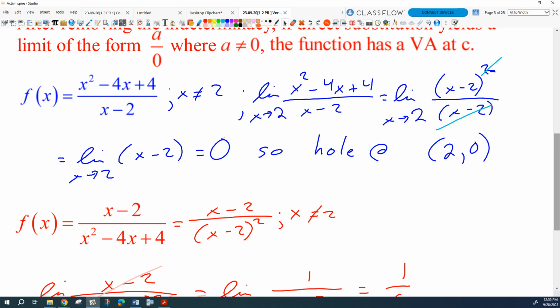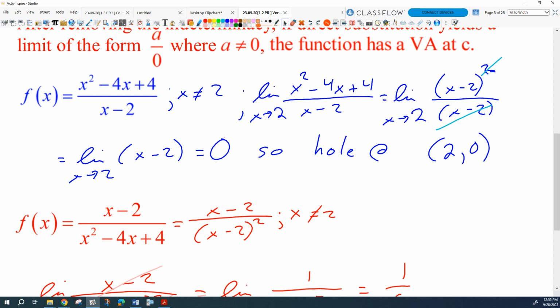When I resolve the indeterminacy by factoring the top and the bottom and canceling factors, I'm left with the limit of x minus 2 as x approaches 2, which is 0. I got an answer, so it's a hole. There's a hole at y equals 0 and x equals 2 because that's the value we were approaching. The ant anticipates stepping on that point, but it doesn't exist because the function's not defined at 2. Give me thumbs on that.